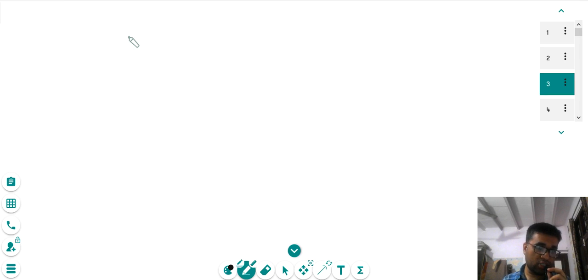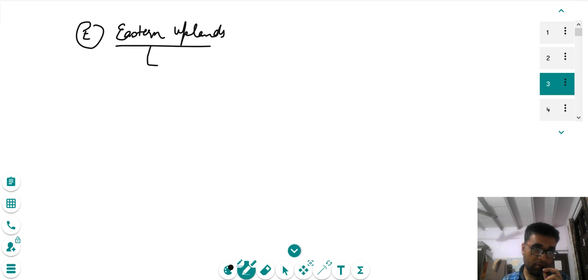Moving on to the next part, that is the Eastern Uplands. Eastern Uplands constitute the Chota Nagpur Plateau and the Garjat Hills.